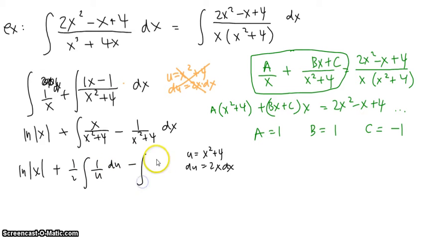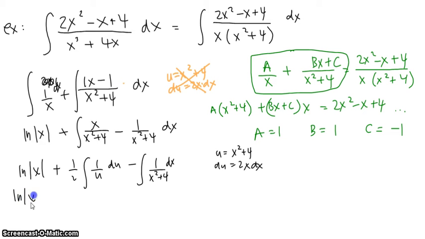And then I'll have this to take care of here, which, again, we'll take a look at in just a little bit. To finish this up, you'll get natural log of absolute value of x plus 1/2 natural log of x squared plus 4, right? And then now I just have to take care of this.